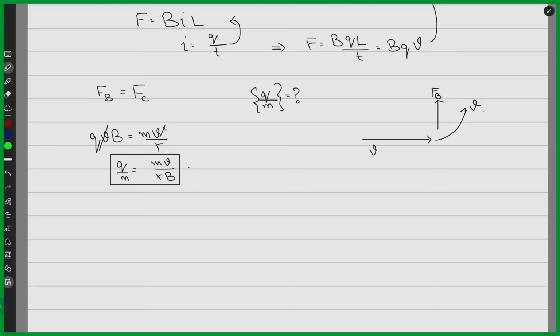So we replace it with something that we can measure in an experiment, for example the voltage, the potential difference that is causing the electromagnetic field. So we'll write it in terms of that.